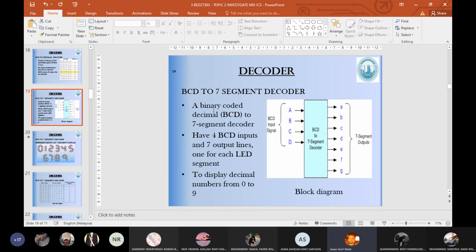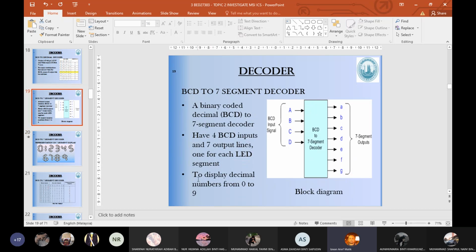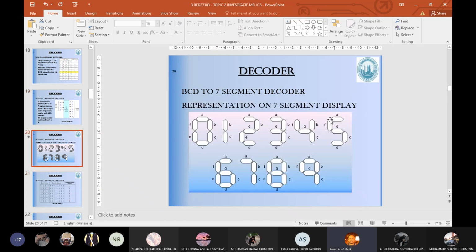Okay, so a binary coded decimal to 7 segment decoder have 4 BCD inputs and 7 output lines, 1 for each LED segment. Setiap satu ni lah 1, 2, 3, 4, 5, 6, 7. Okay. This decoder is to display the decimal number from 0 to 9. Okay, kita tengok truth table dia. Okay, ni dia punya diagram lah.